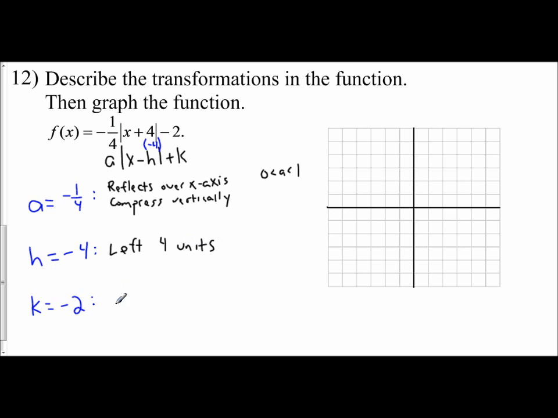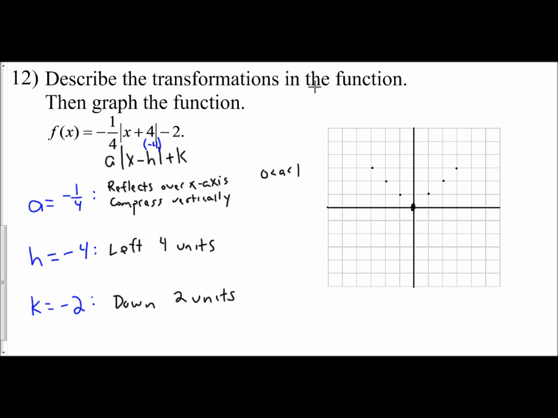And your k is negative, so you're going down 2 units. So let's graph the original function. It's an absolute value, so the absolute value of 0 is 0, of 1 is 1, of 2 is 2, of 3 is 3. Absolute value of negative 1 is 1, of negative 2 is 2, of negative 3 is 3.